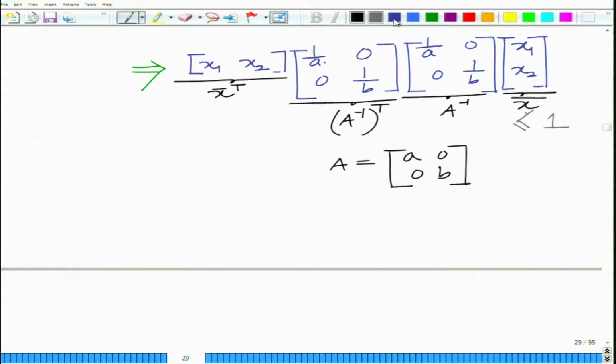So, I can simplify this now, interestingly, as x bar transpose A inverse transpose into A inverse into x bar less than or equal to 1.